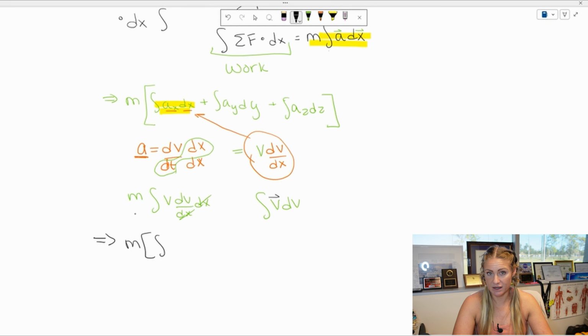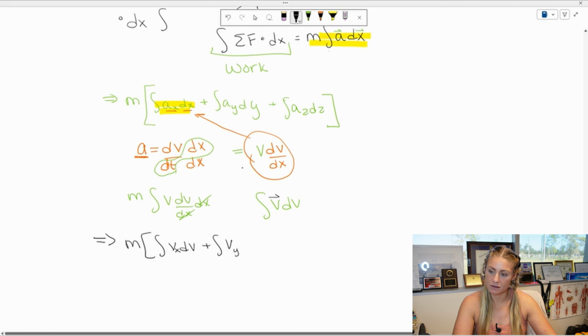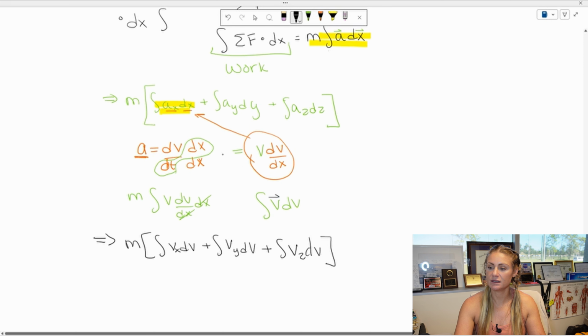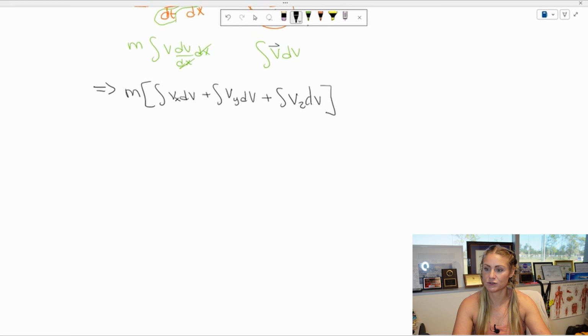So I want to break that velocity up into components. So it's going to be vx dvx plus vy dvy plus vz dvz.